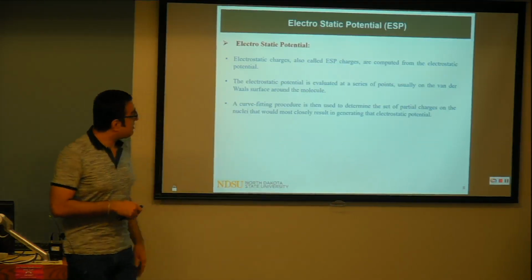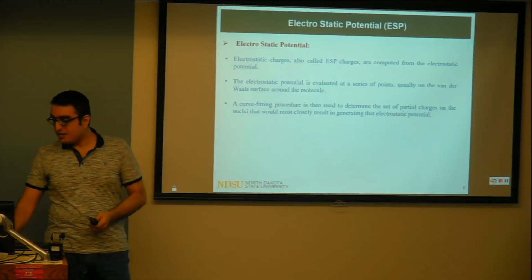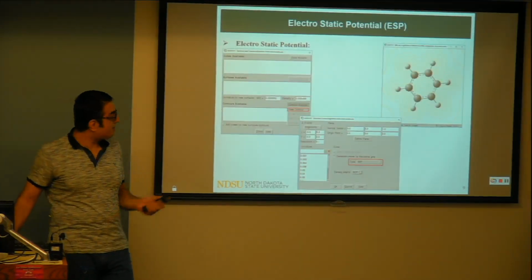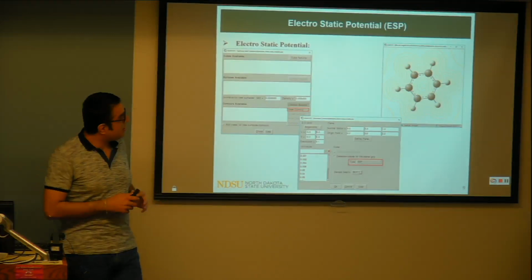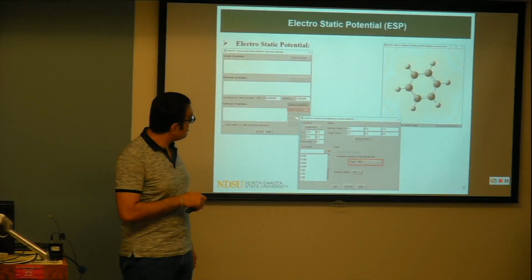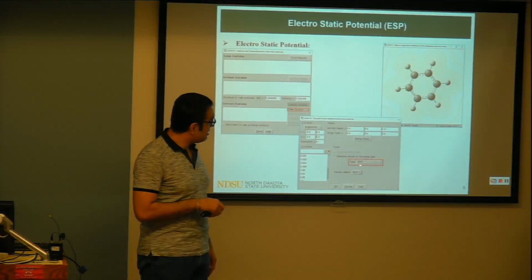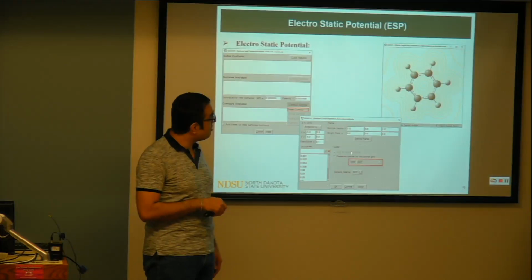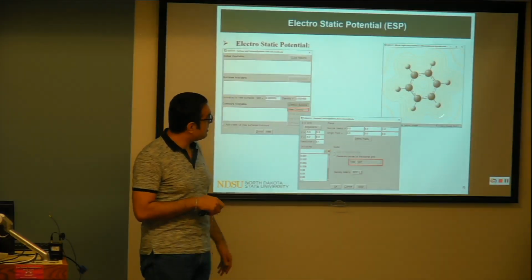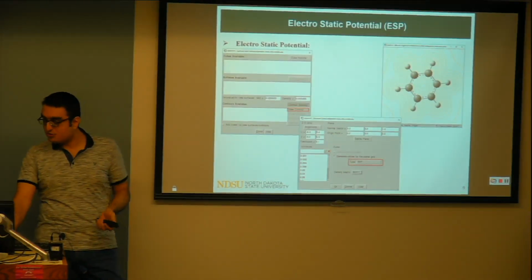Similarly, for benzene, go to results, surface and contours, but this time choose a new contour and use ESP, electrostatic potential, to plot the ESP graph for your chemical composition or your molecule.